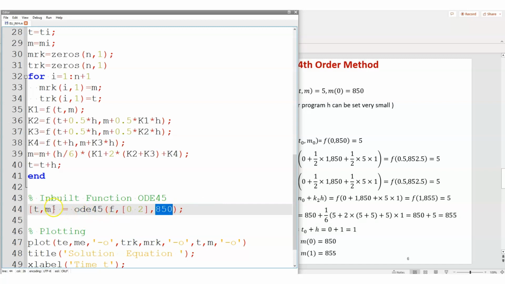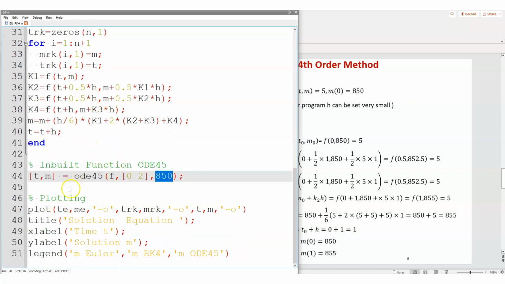Then if we run it and get all these values, we can plot them. Plot first t Euler versus m Euler, then t RK4 versus m RK4, and then t ODE45 and m ODE45, and then the title is the solution of the equation, x label time t, y label solution m, legend m Euler, m RK4, m ODE.